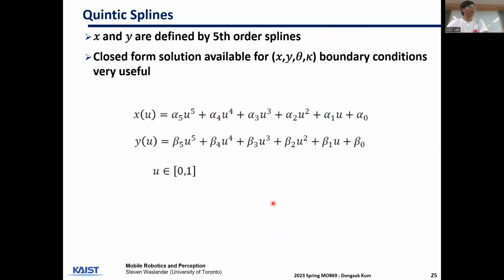For quintic splines, in 2D, X and Y are generally defined by fifth order splines. And here you can see that fifth order is the highest. And for this case, a closed form solution is available for X, Y, theta, and kappa, making the boundary conditions very useful.